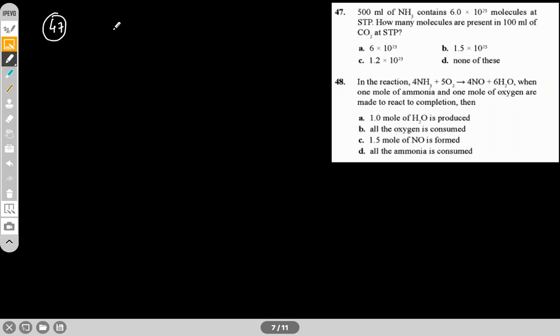500 ml of NH3 contains this many molecules at STP. How many molecules are present in CO2 at STP? So since STP is given, it means the pressure and temperature are constant, and we can apply Avogadro's law here.